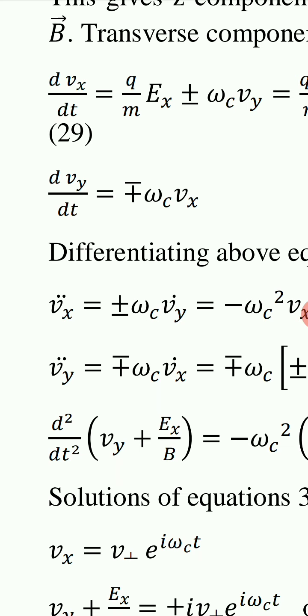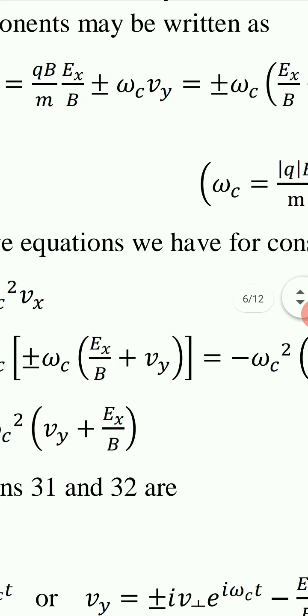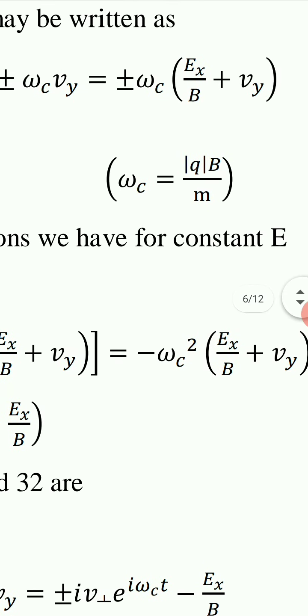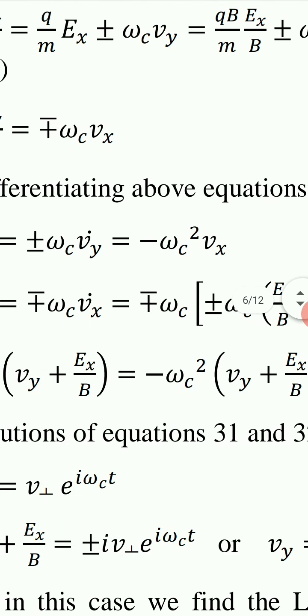If we differentiate this equation 29 with respect to t, we get Vx double dot. Vx dot is already dVx upon dt, and if we differentiate with respect to t, we get Vx double dot, 2 times differentiation of Vx, equal to plus minus omega c Ex upon B plus Vy.